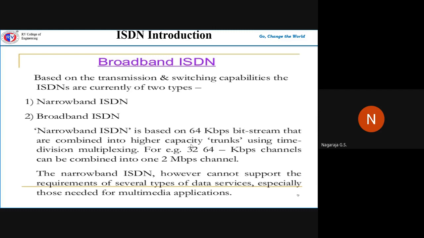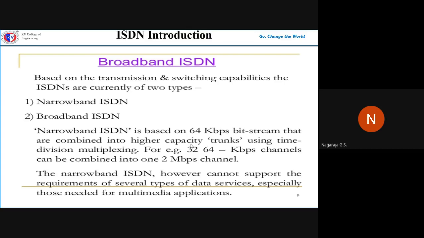Narrowband ISDN, however, cannot support the requirements of several types of data services, especially those needed for multimedia applications. That's what I said. In the case of multimedia, if you use audio, video, and image, and stick to narrowband ISDN itself, then it is certainly very difficult to do communication between two ends.